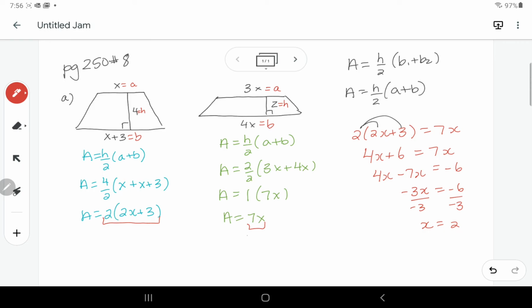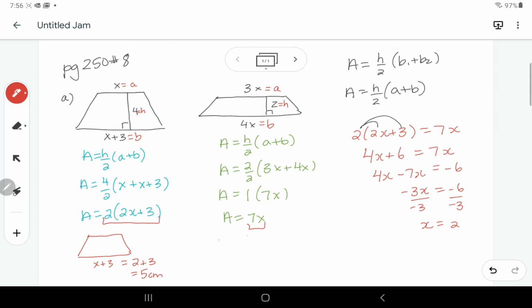So once I figure out that x equals 2, I could find all of the sides of each shape. So the first shape, it's just asking me for the side at the bottom. What's the base? So if the base was x plus 3, that would equal 2 plus 3, or 5 centimeters.